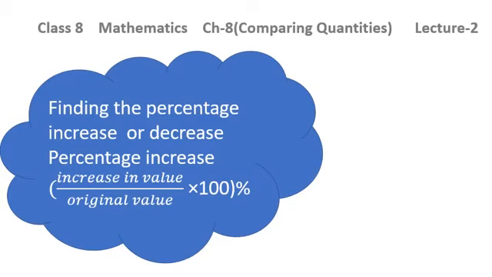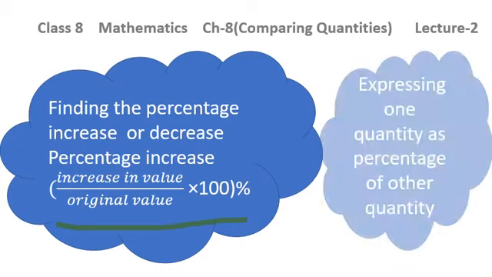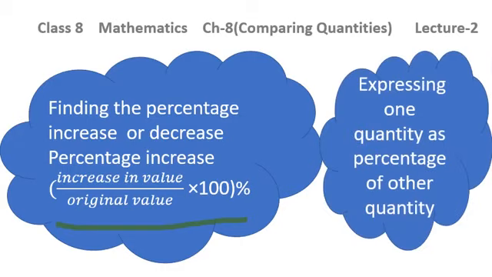Percentage increase is the increase in value over original value into 100%. Percentage decrease is the decrease in value over original value into 100%. Then we learned how to express one quantity as a percentage of another quantity.